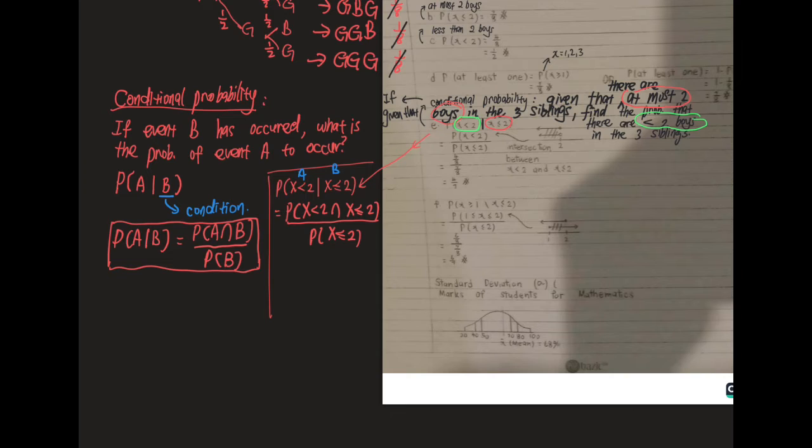So we start with the intersection between X less than 2 and X less than or equal to 2.